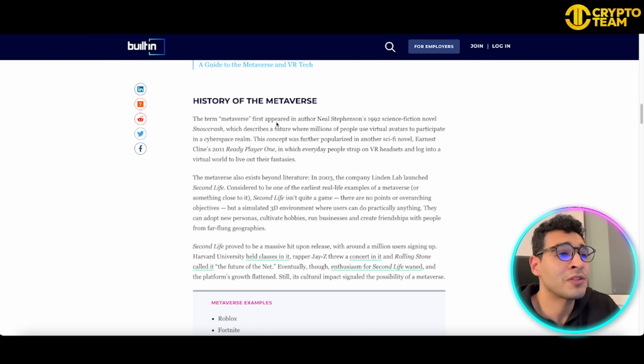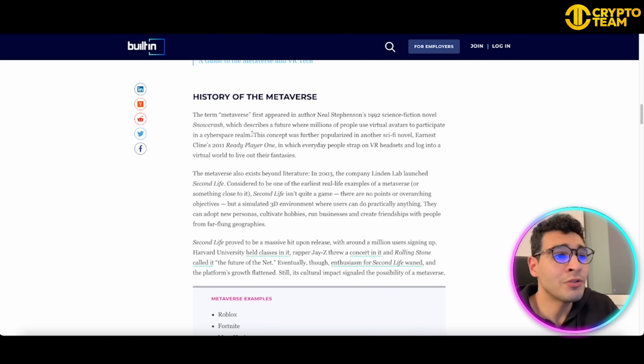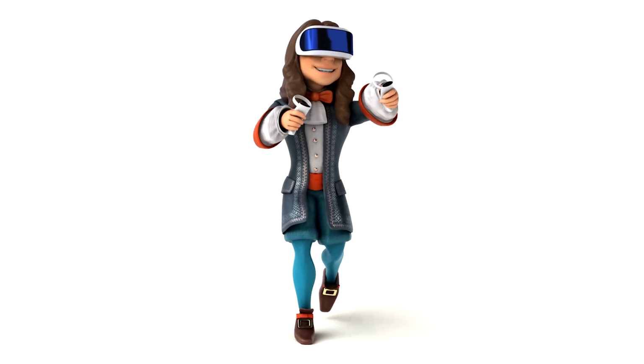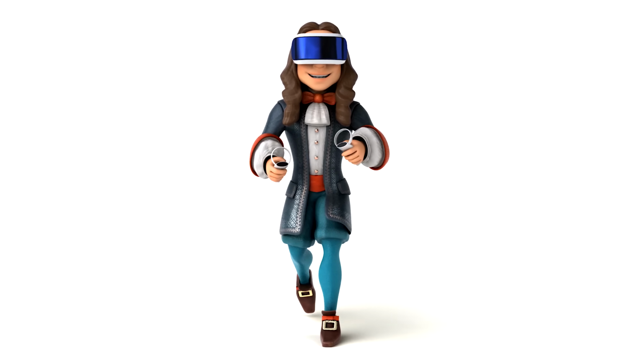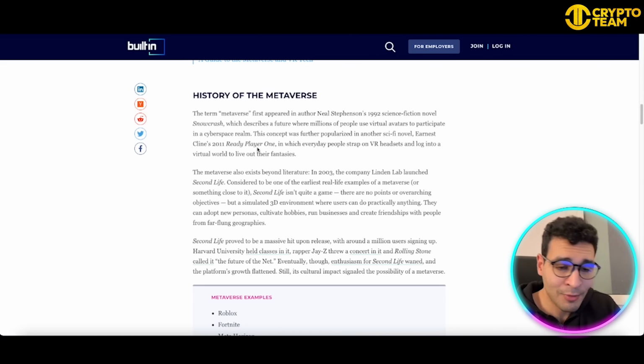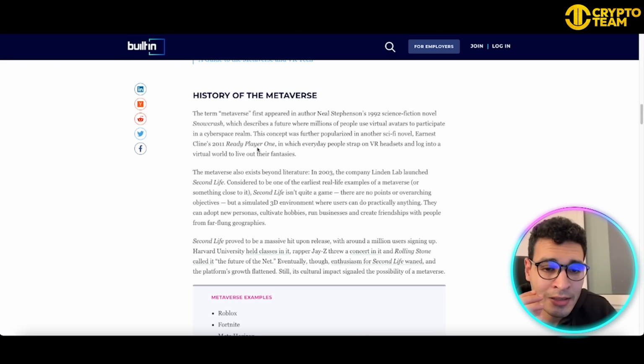The term Metaverse first appeared in Neal Stephenson's 1992 science fiction novel Snow Crash, which described a future where millions of people use virtual avatars to participate in a cyberspace realm. As we can see nowadays, 30 or 31 years later, we are living in this reality. You can use a virtual reality set and dive deep into a completely parallel universe.